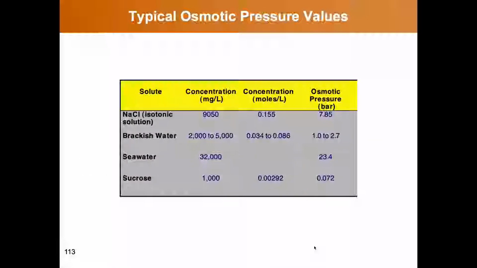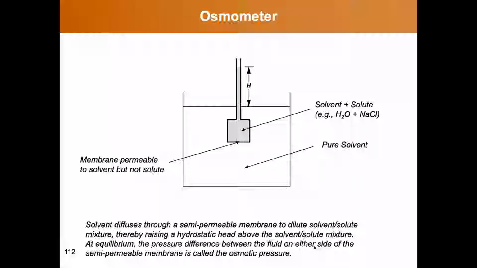This height is related directly to the osmotic pressure, because the density of the solution times g times h is the hydrostatic pressure that's raised, and once the hydrostatic pressure is equal to the osmotic pressure, there's no further increase in this level. So you can read off directly the osmotic pressure in an experiment like this.